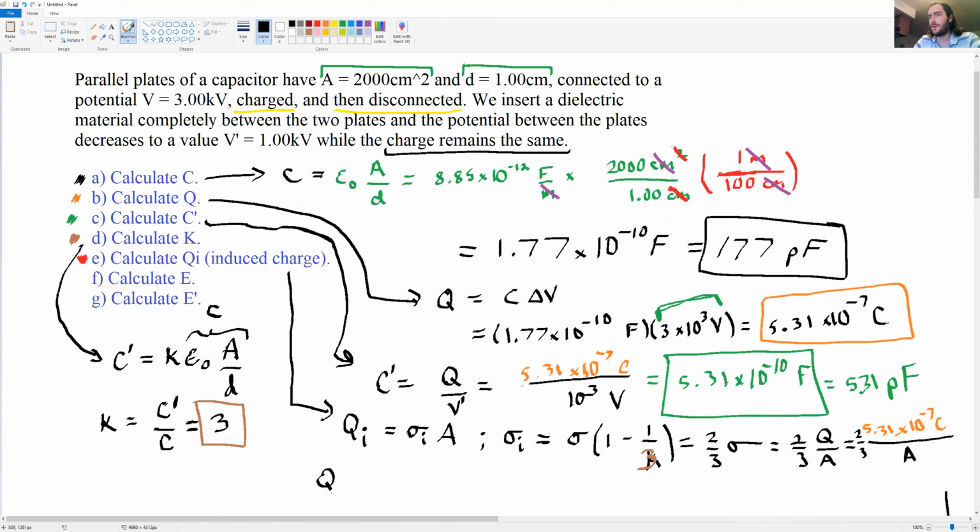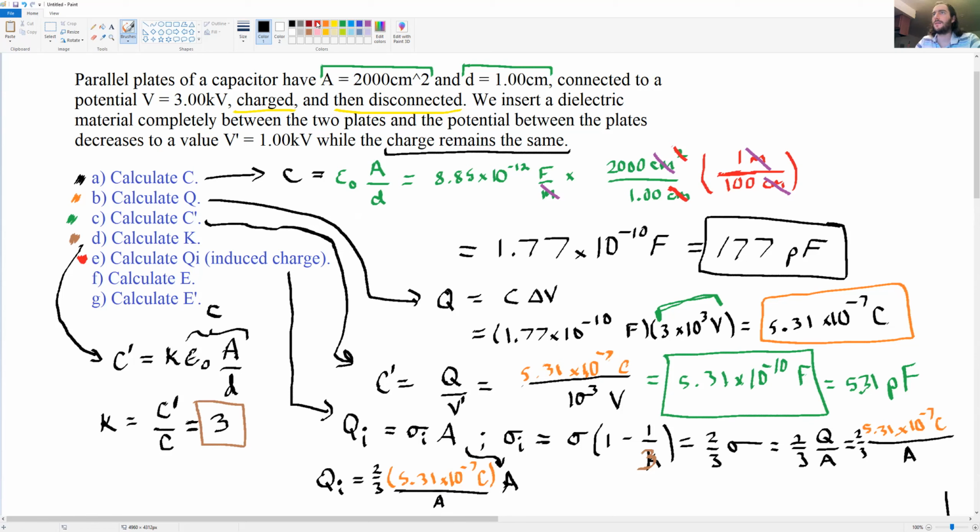And so the induced charge is going to be equal to 2/3, and then in orange, 5.31 times 10 to the negative 7 coulombs. And then it's A divided by A, right? So this thing divided by A times this A right here.